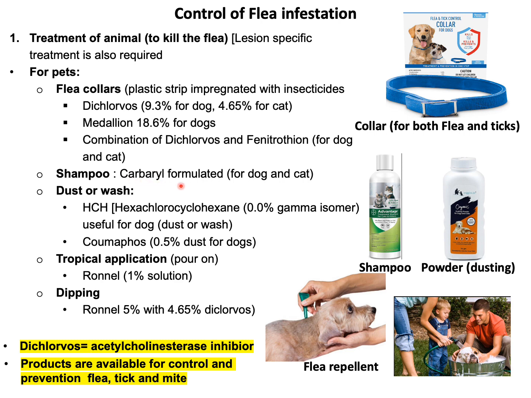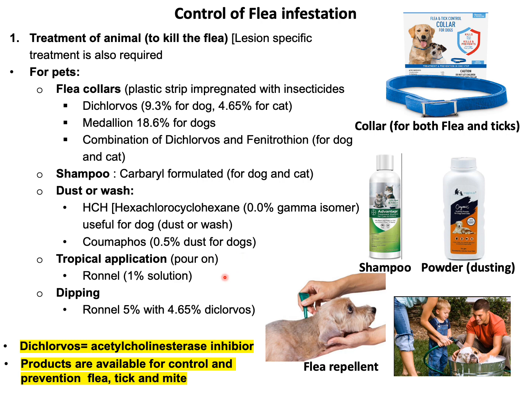And insecticidal shampoo can be used for killing the flea. Another means of killing the flea includes dusting or washing with insecticides. For example, hexachlorocyclohexane can be used for dusting and washing in flea infestation of the dog, and coumaphos can also be used.